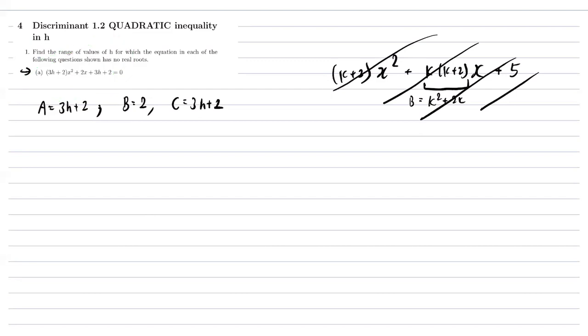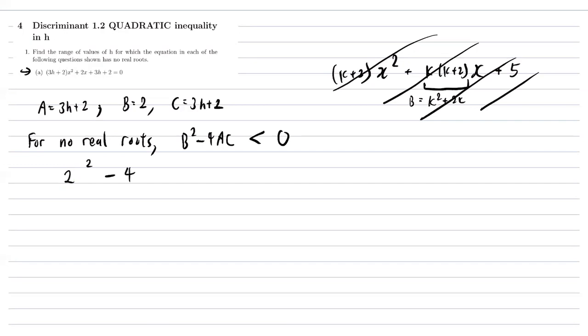So b squared minus 4ac, we know that in this question, for no real roots, the b squared minus 4ac must be less than 0. So let's figure out what's b squared minus 4ac. 2 squared. Actually, you don't need brackets if it's a single term. There's only one single term, you don't need brackets.